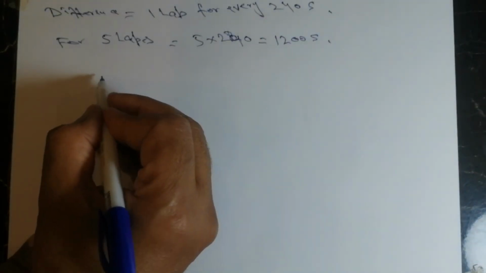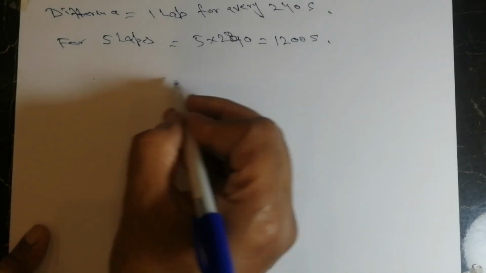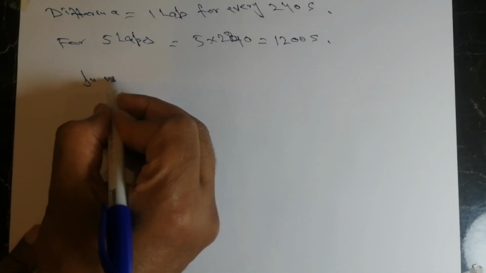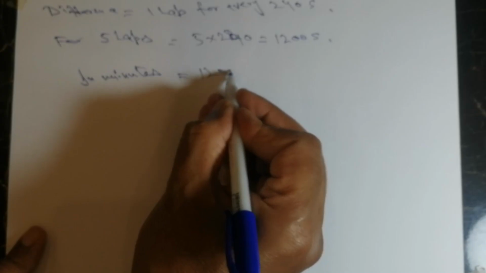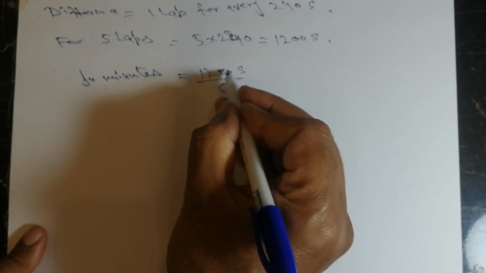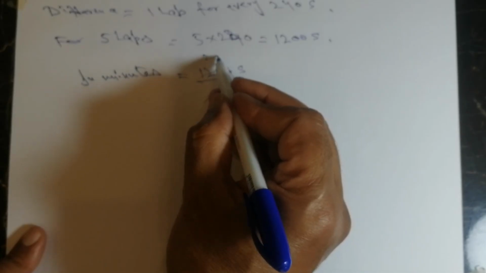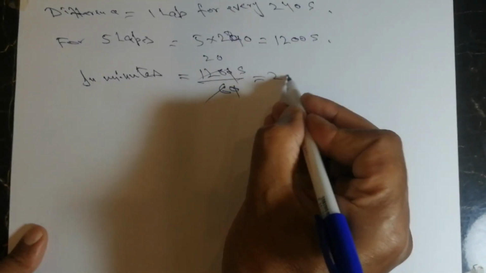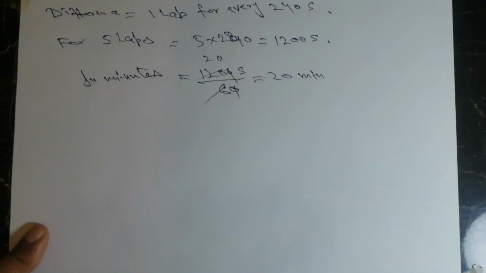So in minutes, that is 1200 seconds over 60. So this 0 cancels, 6 into 12 and 0, which is 20 minutes. So for a 5 lap difference, the time required is 20 minutes. This is the answer.